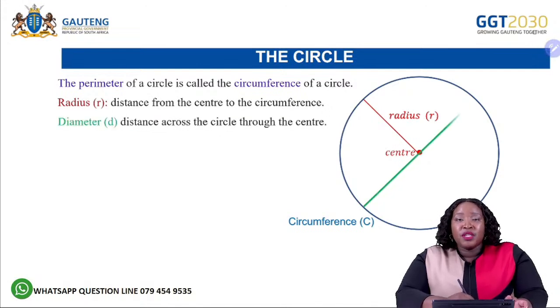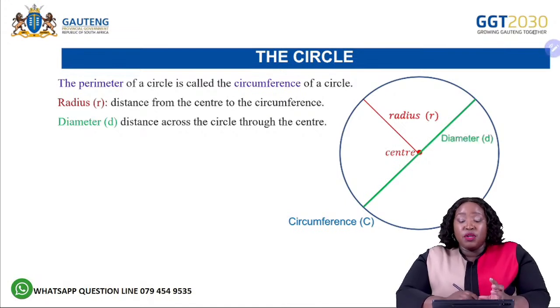Okay, so that would be the distance from one side of the circumference through the center to the circumference again. All right. You need to know this because we are going to use them. Do you see we use a C for circumference, R for radius, and D for diameter. Okay.